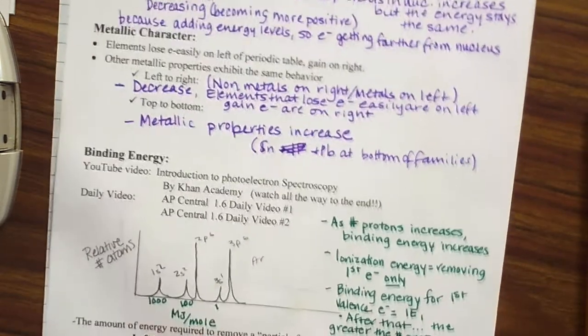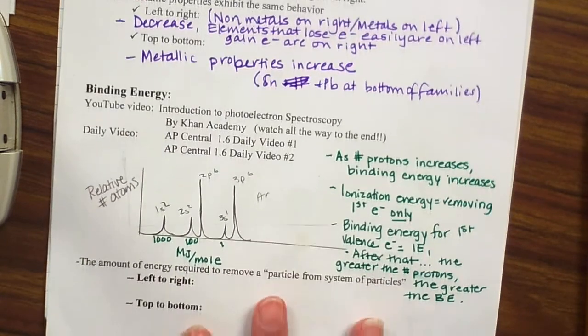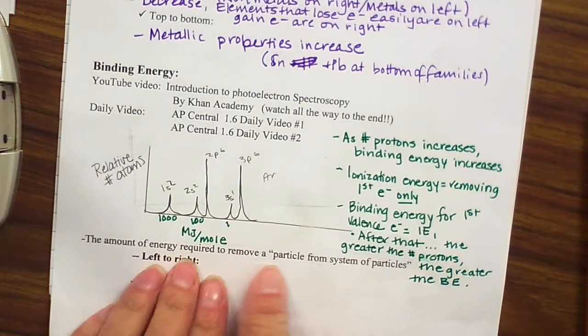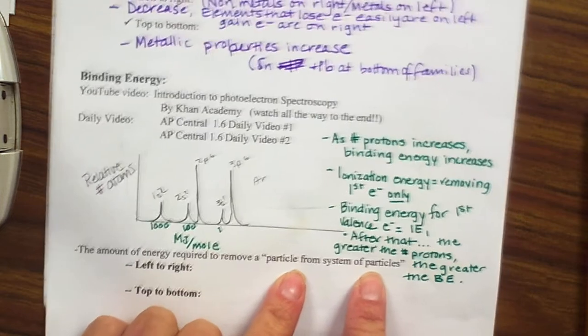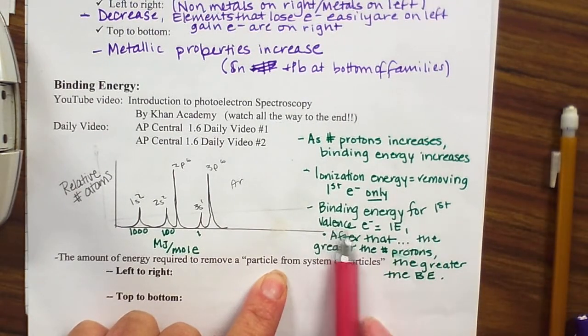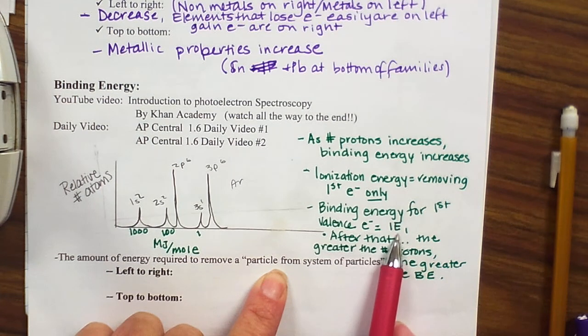Binding energy. Okay, so just a brief explanation. Binding energy is the amount of energy required to remove a particle from a system of particles. It's very confusing, I'm telling you right now. The binding energy for the first valence electron, the first one only, is equal to the first ionization energy.